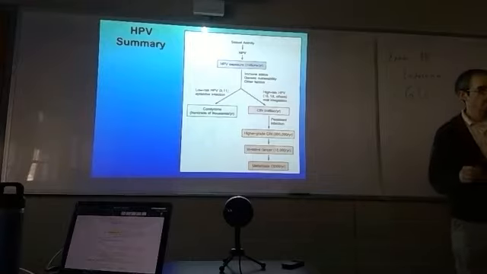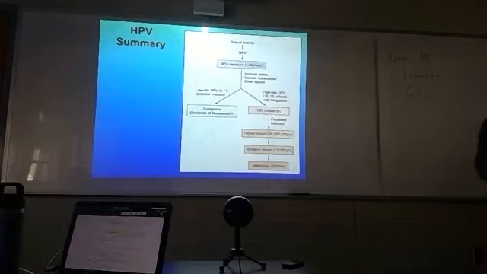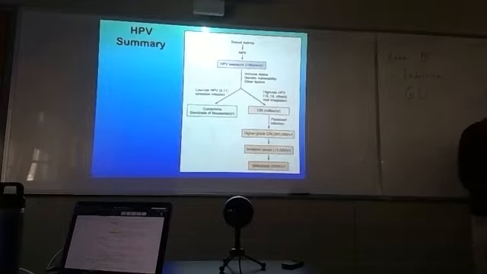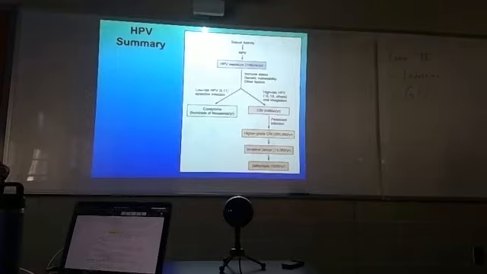And so usually we have to do something called a cerclage, literally stitch the cervix closed so it can retain the gestation. Otherwise, the incompetent cervix. Okay, any questions on that?